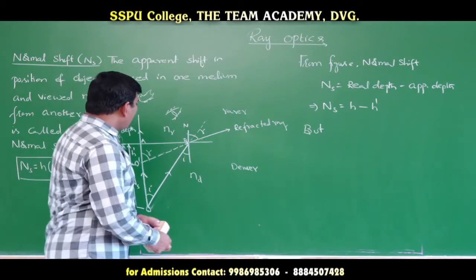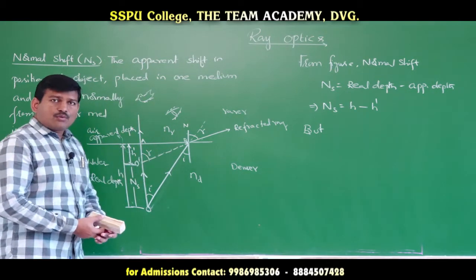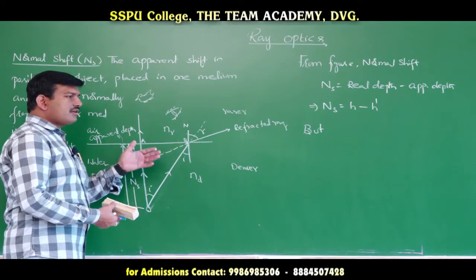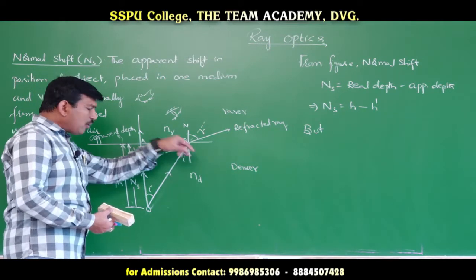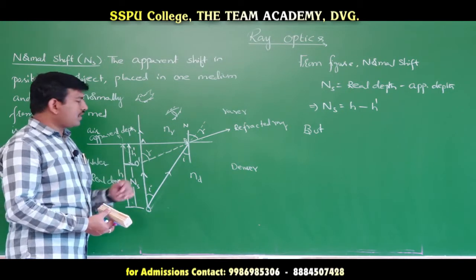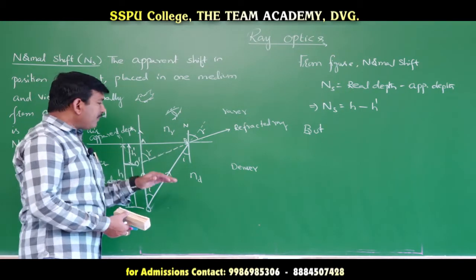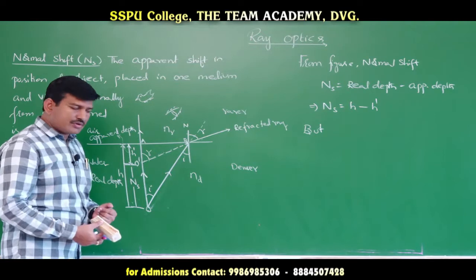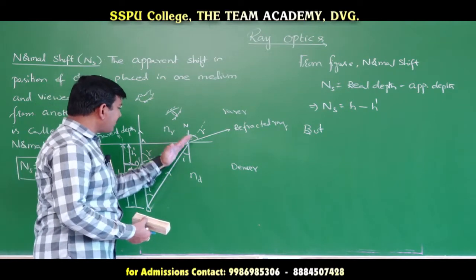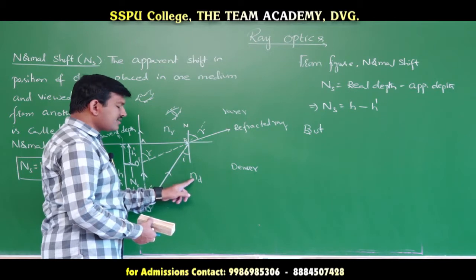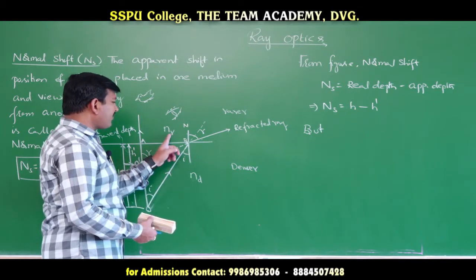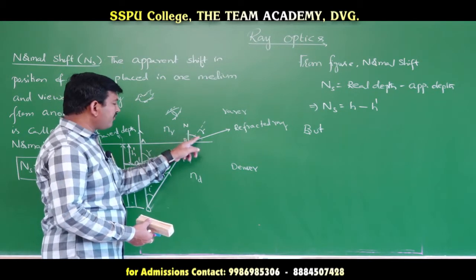Now, I told you, what is the Brahmastra while you are studying ray optics? Snell's law. So, at this point, can I apply Snell's law or not? I can apply Snell's law. If I apply Snell's law, what am I going to get? Here this is the incident ray and this is the refracted ray. This is the angle of incidence and the refractive index here is nd and here the refractive index is nr. The angle of refraction is r.